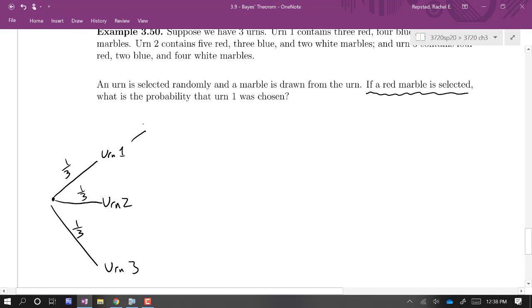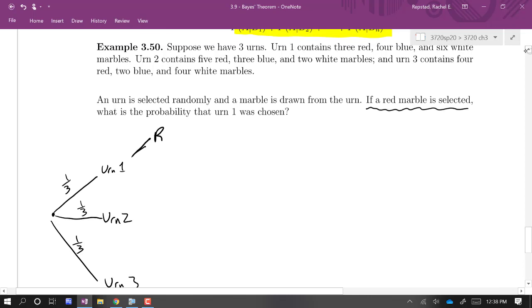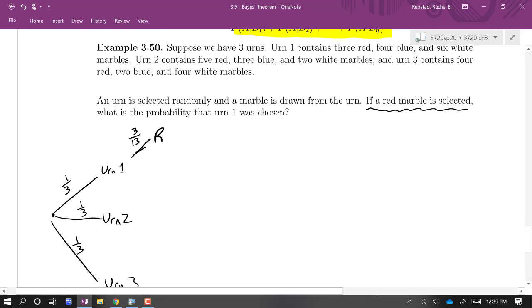Urn 1 contains 3 red, 4 blue, and 6 white marbles. That's 13 total, so that's a 3 out of 13 probability of drawing a red, which leaves us with a probability of not drawing a red of 10 out of 13.